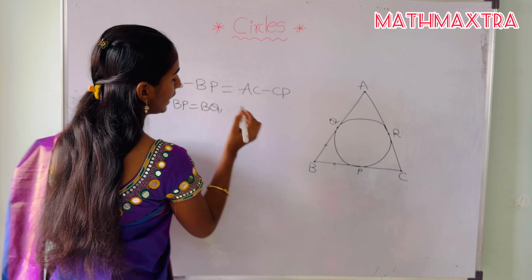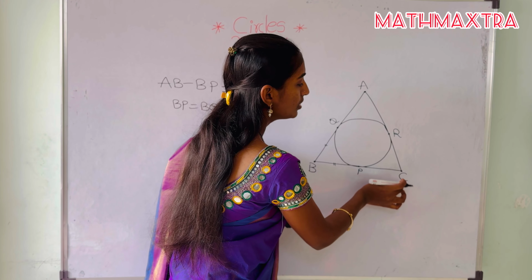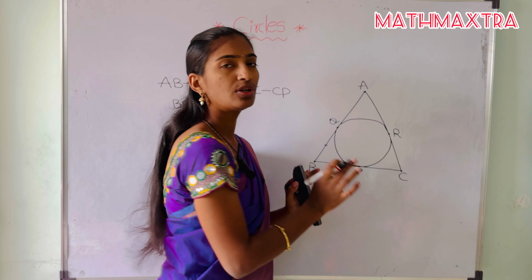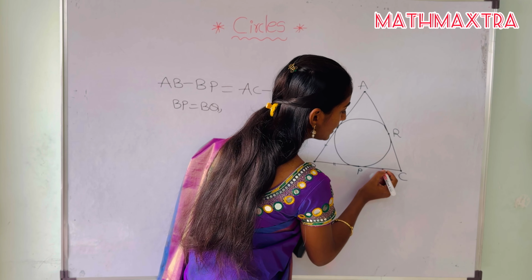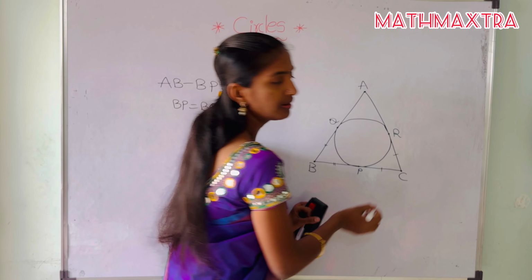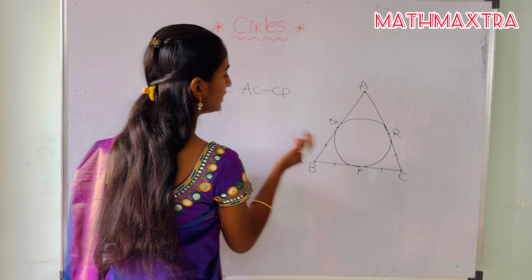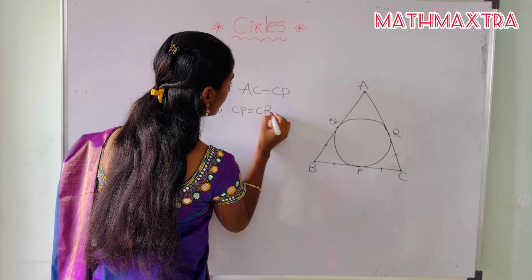And if you consider the external point C, if you draw two tangents from C, CP and CR are the two tangents drawn from external point C. So we can conclude that CP is equal to CR.